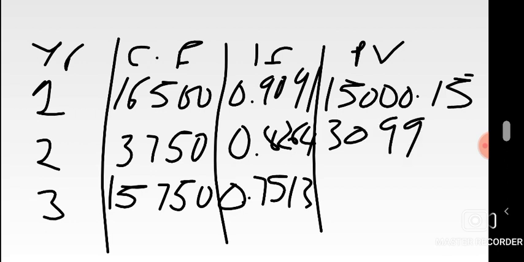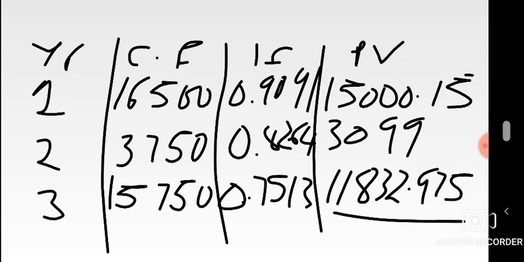Next, the last cash flow, 15750 times 0.7513, gives 11,832.975. Then you add everything.